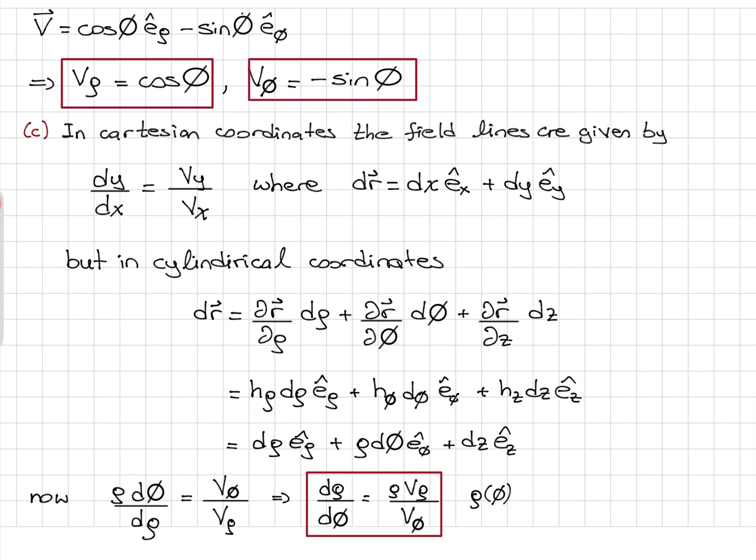So substituting for h rho 1, h phi rho, and hz 1, we obtain this. And the ratio of the azimuthal part to radial part, rho d phi over d rho, is equal to v phi over v rho. That's analogous to this. So we obtain this equation for rho of phi.